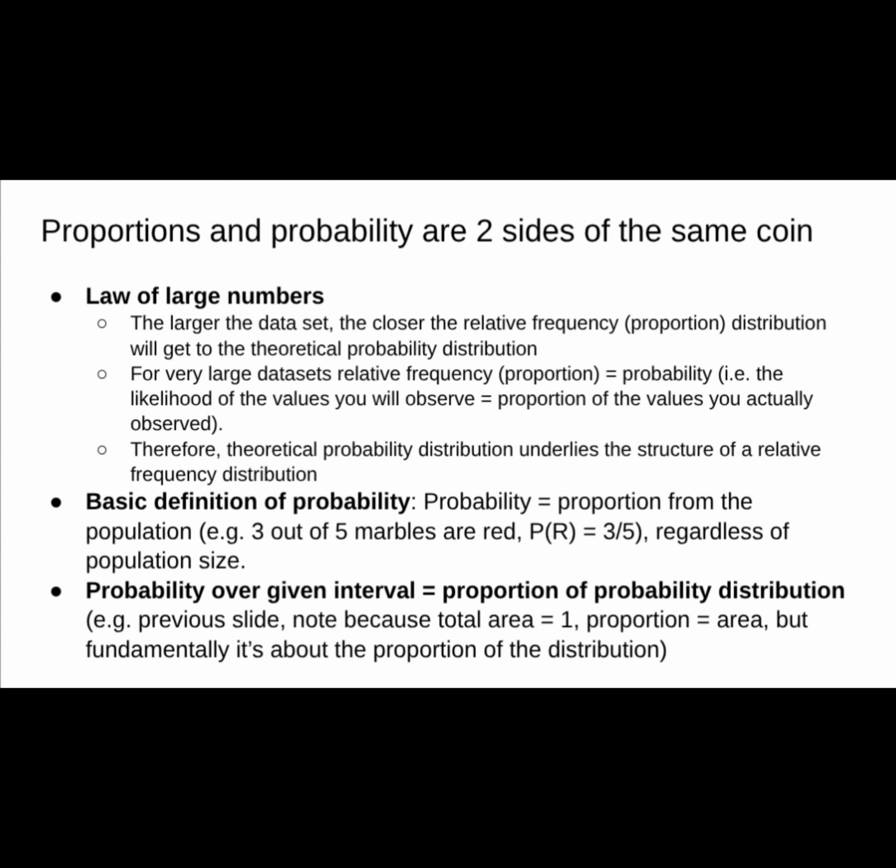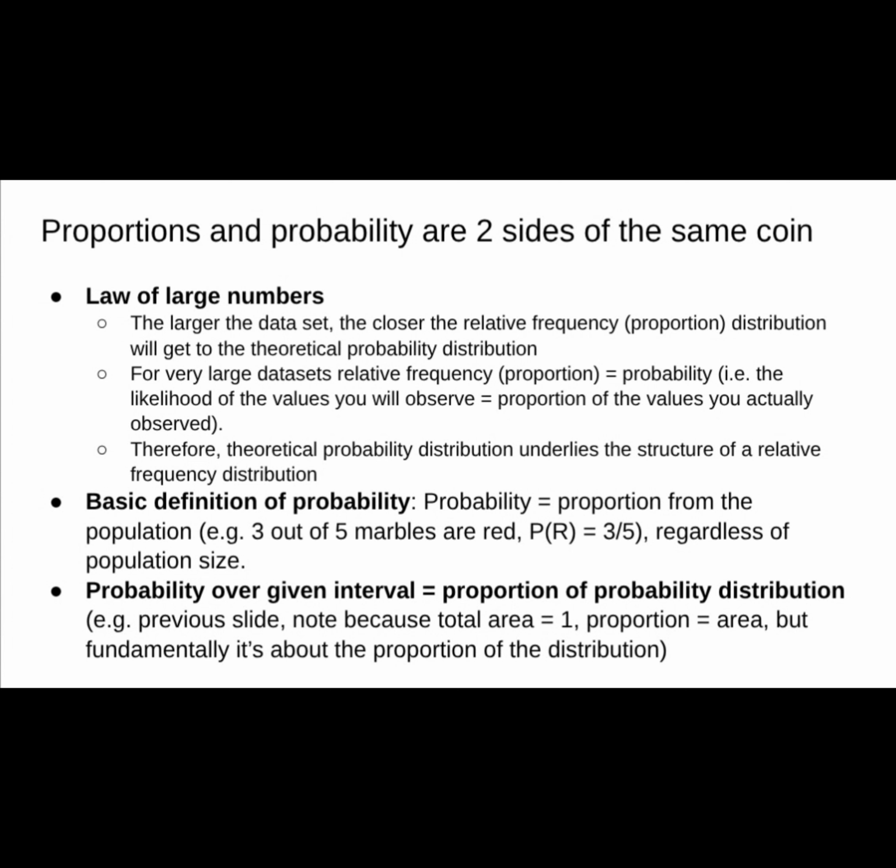It says that the larger the data set, the closer the relative frequency distribution will get to the theoretical probability distribution. And for very large data sets, the relative frequency is equal to the probability. In other words, the likelihood of the value you will observe is equal to the proportion of the values you actually observed.